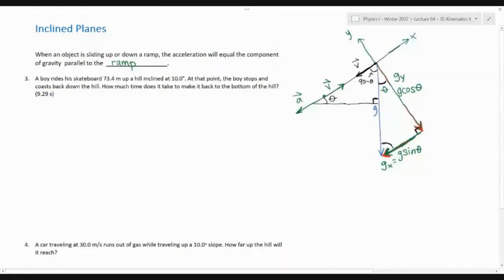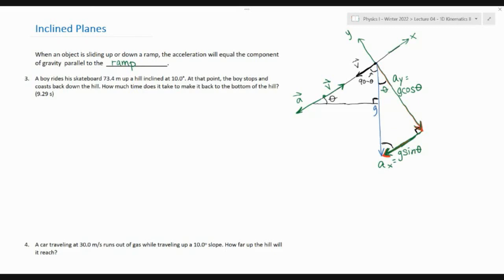I'm using g, but I could have called this a instead. Acceleration due to gravity, still acceleration in the x or in the y direction. So these are my accelerations that I would use in my kinematics equations. But it's the a x that we care about, because that's the one that's helping the object move down the ramp, or the acceleration that's making it harder for the object to move up the ramp.